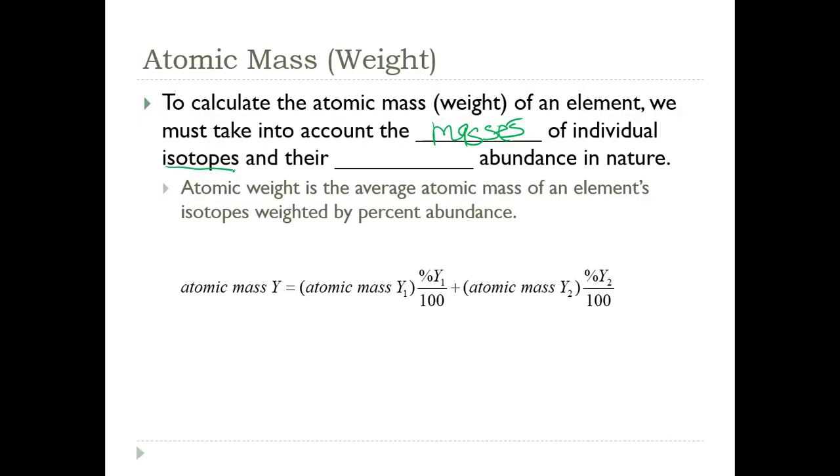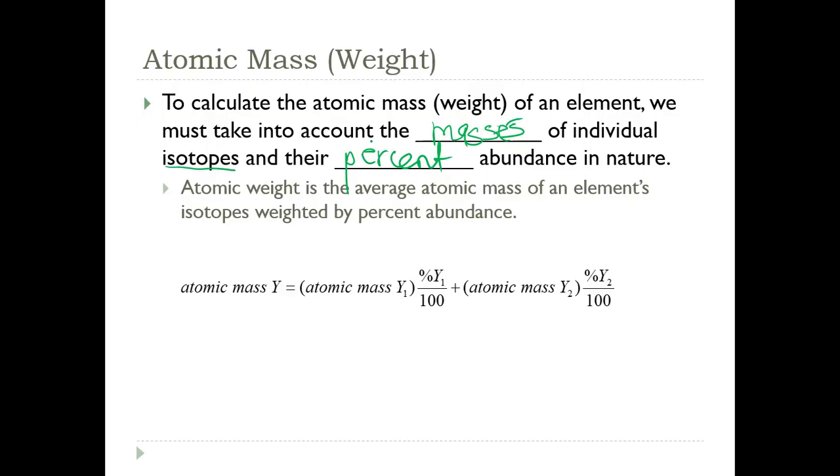So we must take into account the mass of each of these atoms or isotopes of a particular element and their percent abundance in nature. So that is, if there's a higher percentage of one of these isotopes in nature, then that counts for more of the weight.